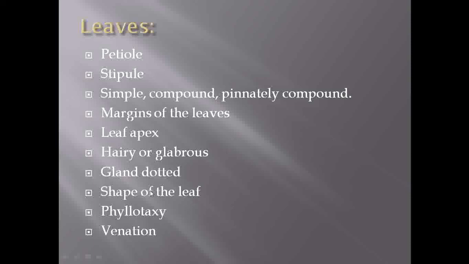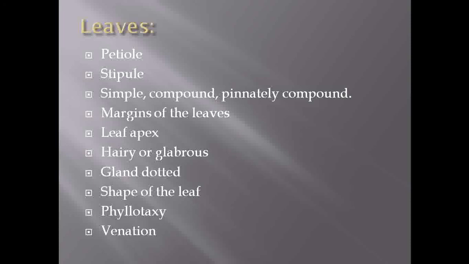Then the shape of the leaf, then the phyllotaxy of the leaf. Phyllotaxy means how the leaves are arranged, whether they are arranged oppositely or alternately, or whether they have decussate phyllotaxy. So it comes under phyllotaxy, that is the arrangement of leaves.